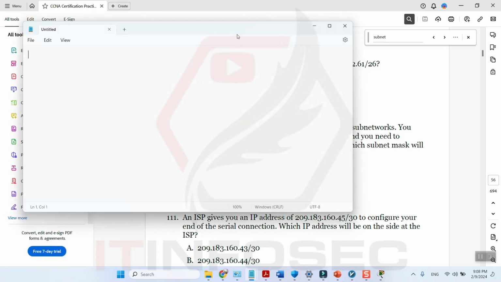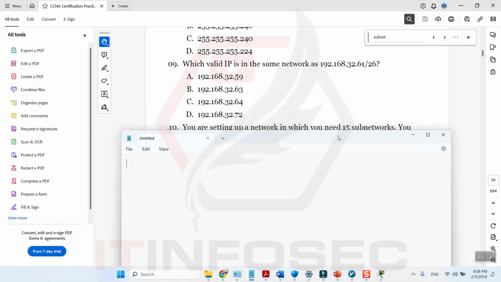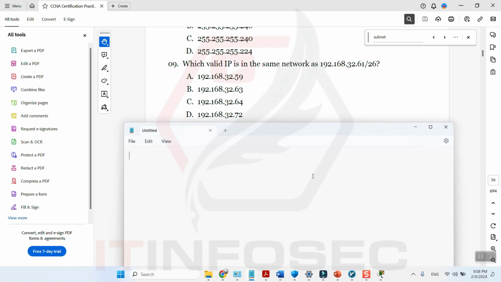Notepad. Let's go. Okay, the subnet mask bit number 1 bits: 128, 64, 32, 16, 8, 4, 2, 1 until here is 24 number 1 bits. This is a 26, so we need another 2 bits.